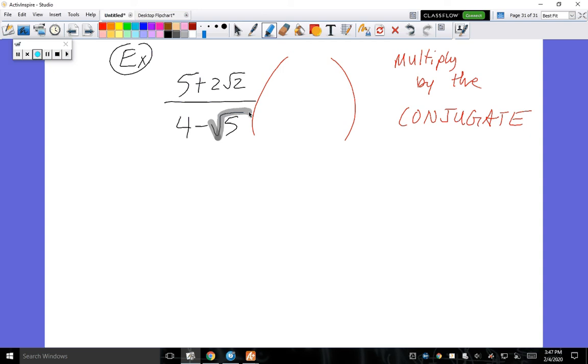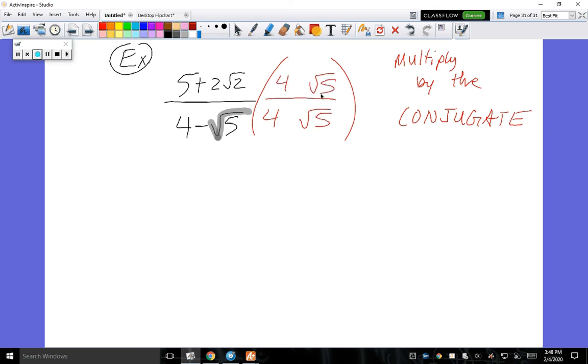Okay, you ready? Here we go. Some of you might be thinking, ooh, multiply by that. That won't work, because that's going to create 4 root 5 minus 5 on the bottom. So it has to be a little bit more. It will be including the whole bottom.